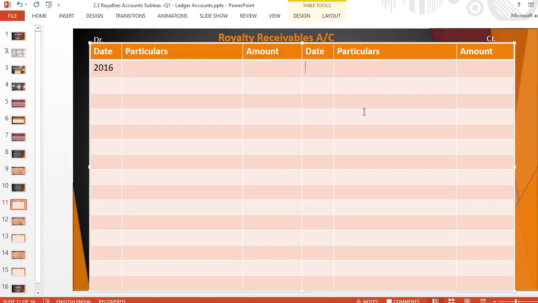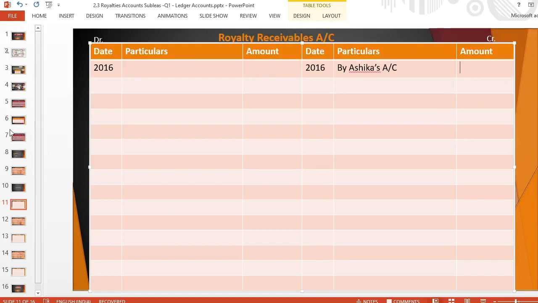So, the first entry is sub-lessee's account debits to royalty receivable account. So, royalty receivable account credit side by sub-lessee's account. So, here sub-lessee name is Ashika. So, by Ashika's account, I should record the royalty due.